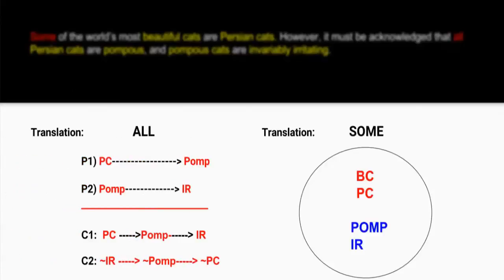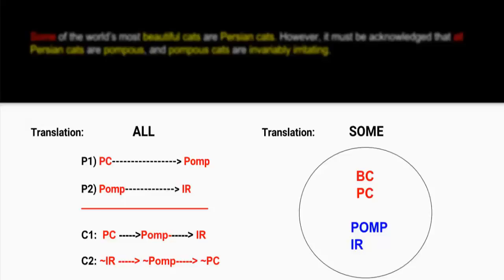Now we can say, in the some circle, beautiful cat, Persian cats, pompous, and irritating. Here's the cool part: because it's in a some circle, and remember, some doesn't have any contrapositive, you can say it in any direction, any order you like.